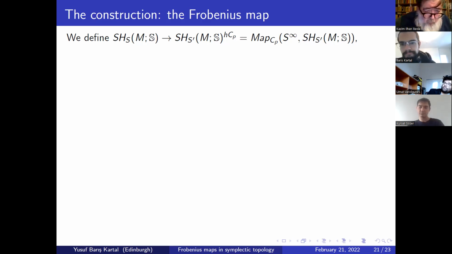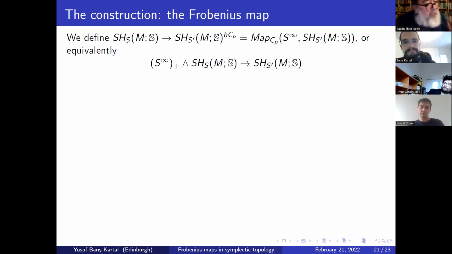Or equivalently, you use the adjunction, and you define a map from S infinity smash this guy to SH over S prime. You also impose this to be circle equivariant, but the action is modified on this component.